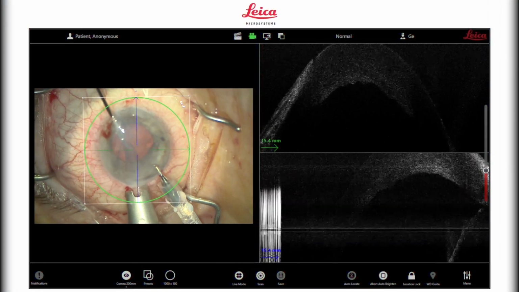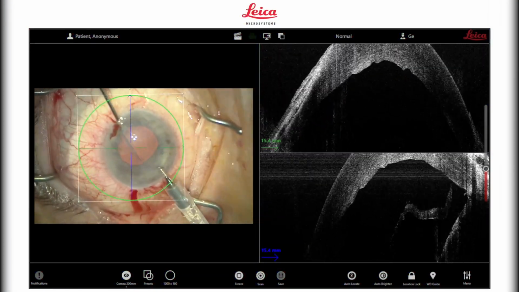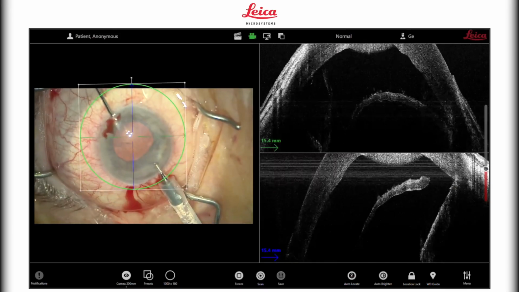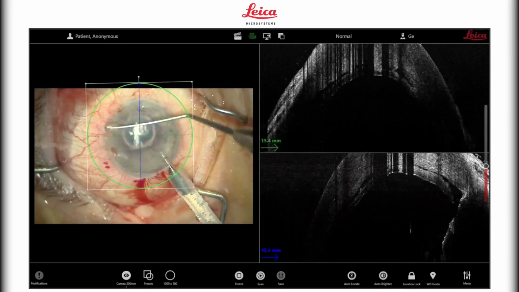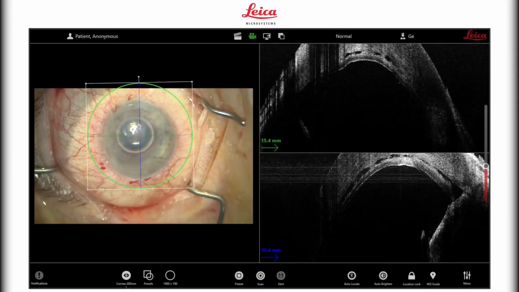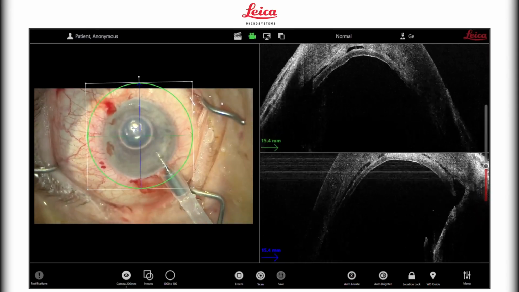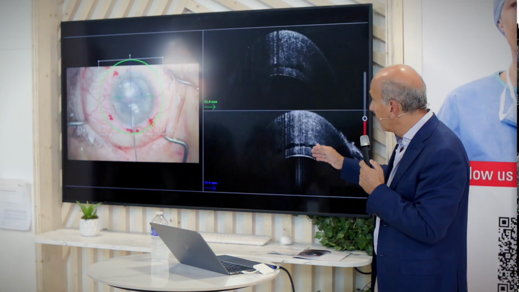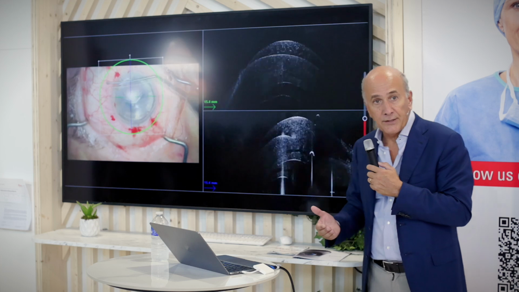In a situation of a very opaque cornea, intraoperative OCT allows you to guide and visualize the donor DSAEK lenticule as it is actually dragged and placed inside the anterior chamber, as in this case, okay? And most of all, you can actually see the apposition between the two layers.